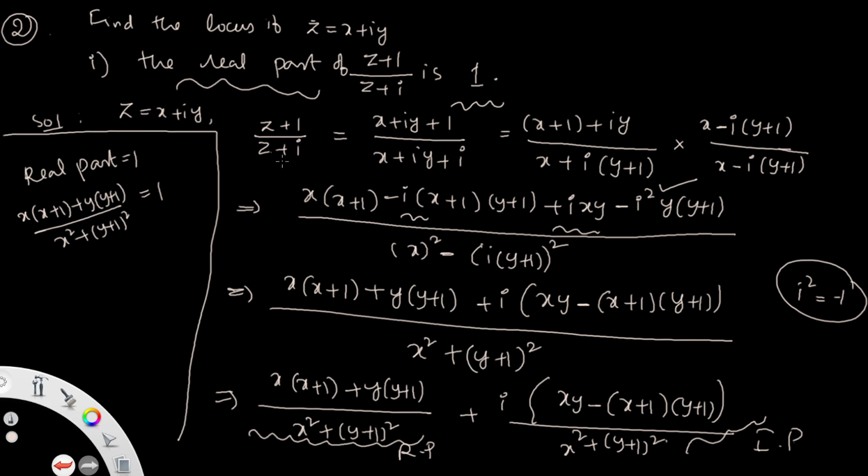Real part means only the value without the i term. Just simplify. So that is x square plus x plus y square plus y equals x square plus (y plus 1) whole square. Here x square is common and cancelled.